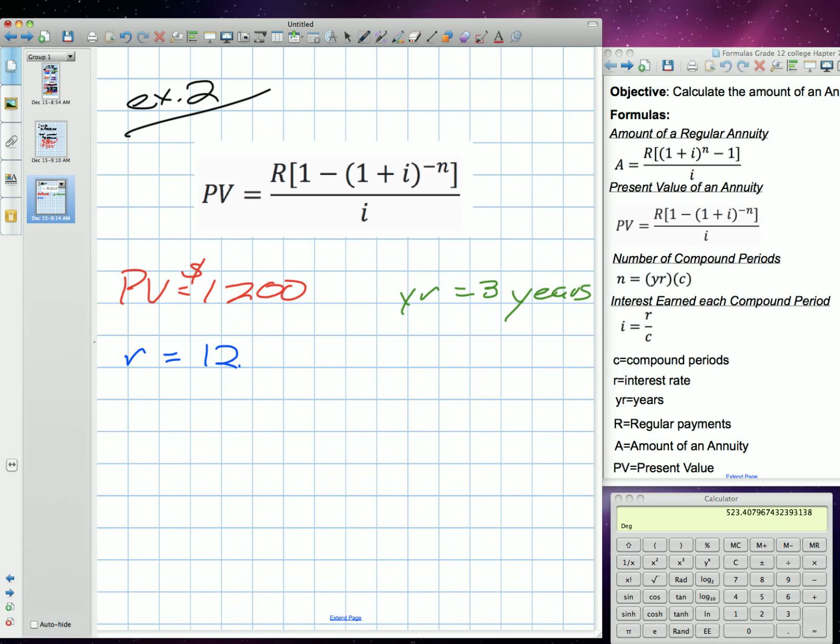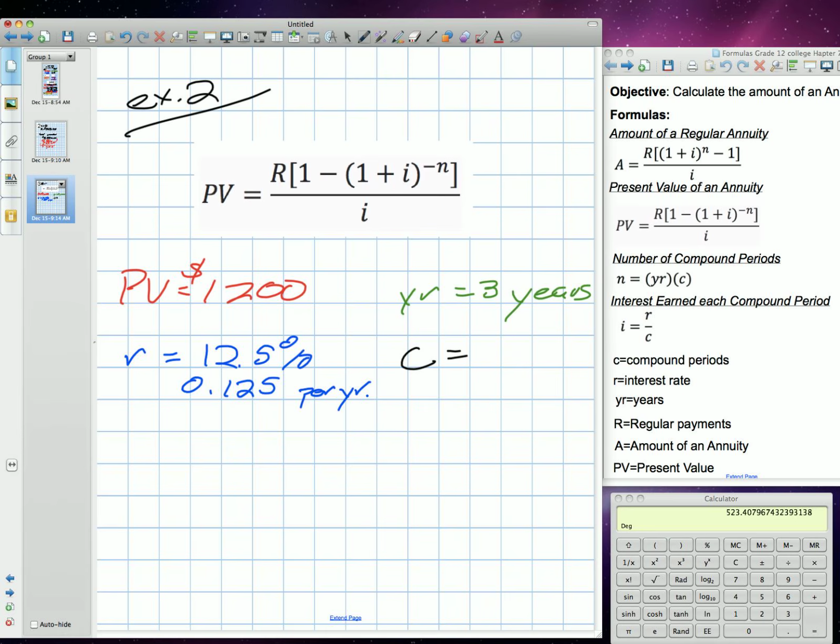And remember, this is per year. Okay? And it says he's getting compounded monthly, his interest rates. Very unfortunate for Donald here. So, monthly. Compound, what does our C equal if we're talking about being compounded monthly? How many months occur in a year? 12. So our C is 12 in this question.